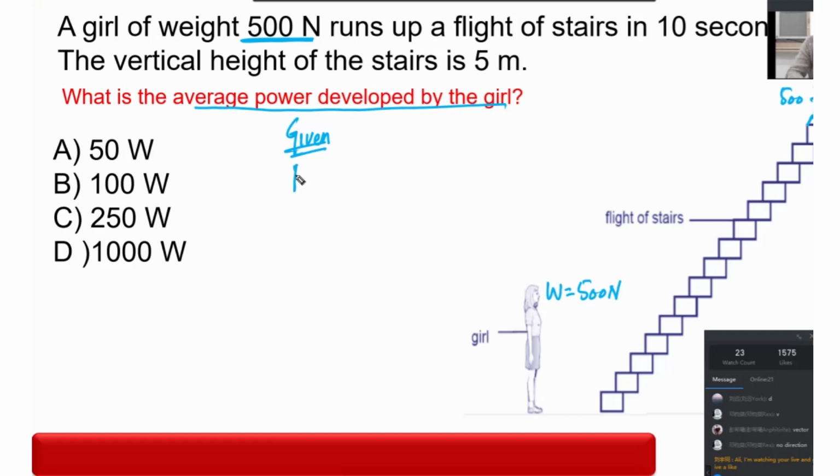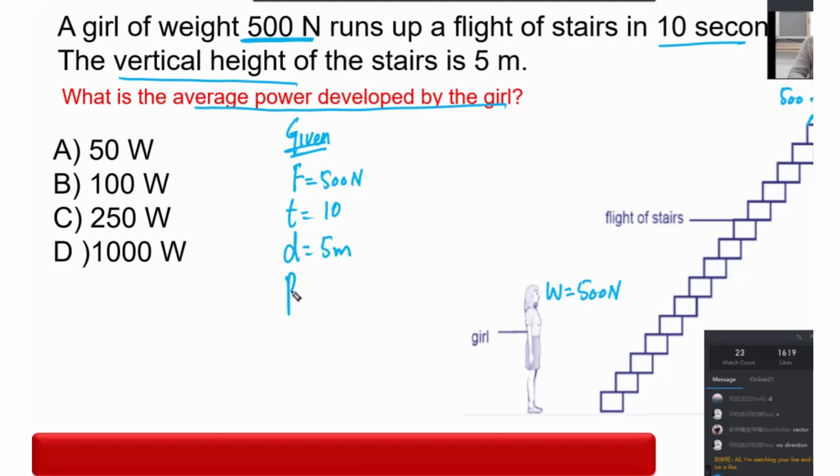So simply, first thing you need to write down the force, that is 500 newtons. And the time is given, 10 seconds. She took 10 seconds from this point to this one. Vertical height is given. So vertical distance is given, that is D, and this is equal to 5 meters.